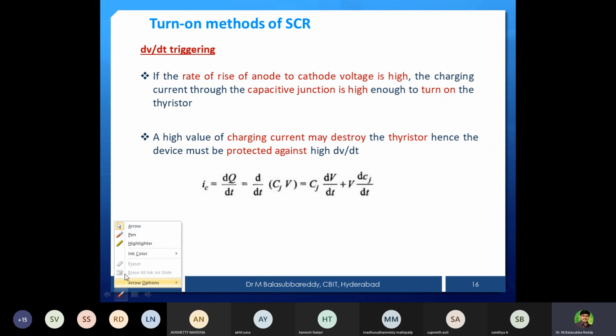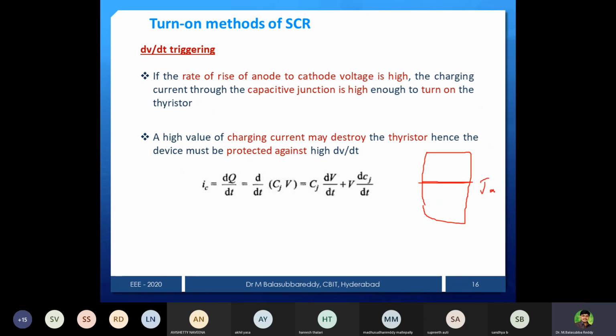Why do I call it a junction capacitance? All the other layers are turned on, meaning forward biased. Only junction J2 is reverse biased. Positive charges will be on this side and negative charges on this side, and that acts as a capacitance. So that is the junction capacitance. It is fixed, and the current is directly proportional to dV by dt.